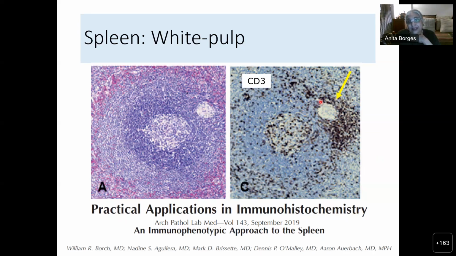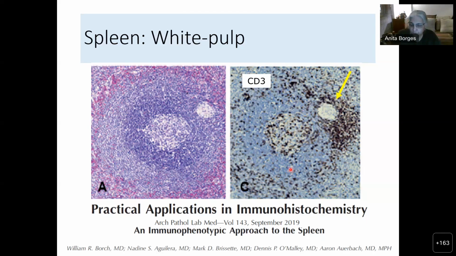This is a spleen in which you actually do see reactive follicular hyperplasia. You can see that there's a mantle and you see a germinal center. But when you do a CD3, you notice that the mantle is negative. You see some follicular helper T cells over there. You see this zone outside, which is negative for CD3, except for a few cells here. But what do you see around the follicle? There is a dense CD3 expression.